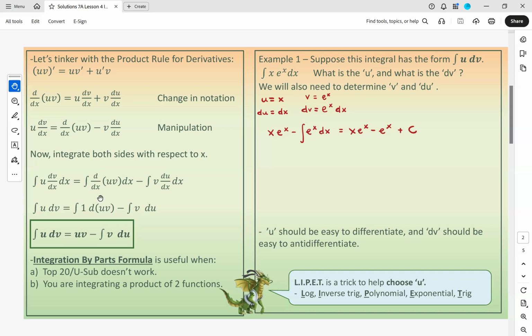I'm going to look now at this middle term, the integral of 1. As we all know, the integral of 1 just becomes a variable. If it was the integral of 1 dx, my result is x. The integral of 1 dy becomes a y. The integral of 1 d(uv) becomes uv, whatever that is.